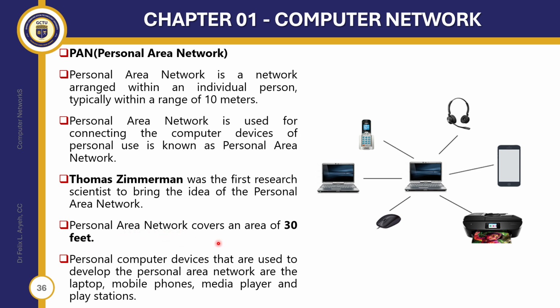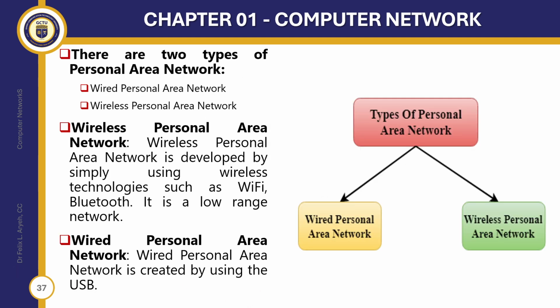So usually the personal area network covers an area of about 30 feet, which is about 10 meters. So personal computer devices that are used to develop a personal area network are laptops, mobile phones, smartwatches, media players, PlayStations, and so on and so forth.